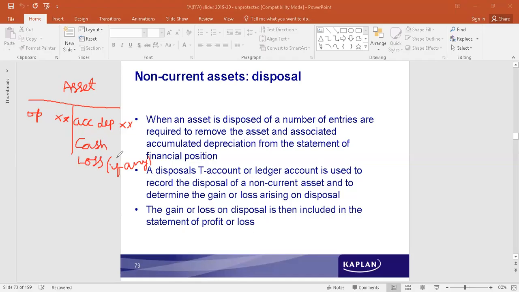Let's say it is 45,000, 5,000 becomes their gain. So gain would be debited to the asset account. Gain, if any, will be recorded and the asset would be closed because the asset is no longer there, it is disposed of. So if any gain is there, that would be debited to the asset account and the asset would be closed. That is on disposal.